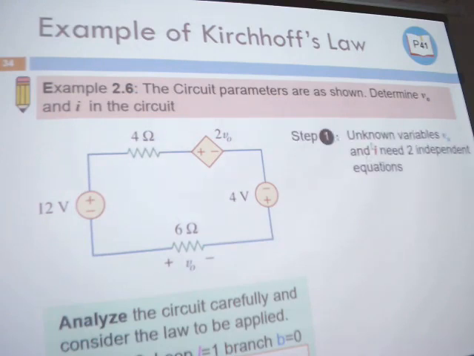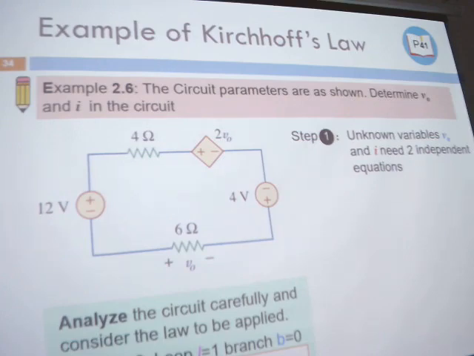Okay. So step 1, our unknown variables are V0 and I. That means our objective is to find out the relation between V0 and I. That is our objective. Two unknown variables need two independent equations to solve.